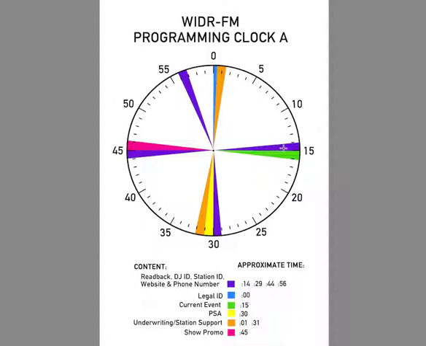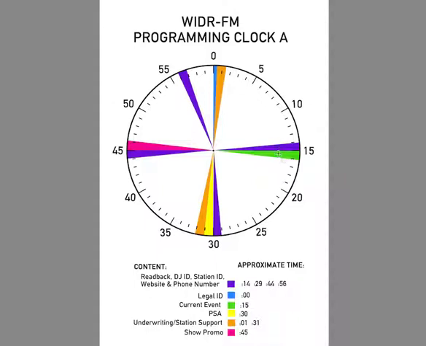So after I've done my readback, I'll go in and play the current event, the Bronco Bash spot. Now let's say my readback, even though I started at 10:14, I didn't get to start the current event until 10:17. That's alright.